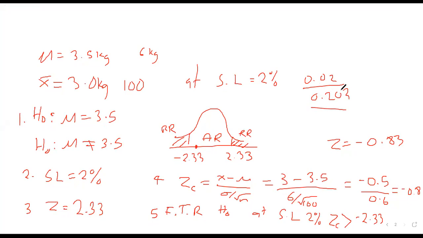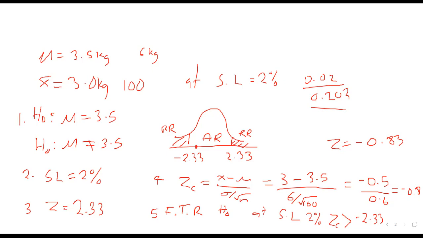Otherwise, if this figure is more, we're going to accept or fail to reject. So the 0.203 is more. This is like 20% and this is 2%. So this amount is more than 0.02. So the decision is still the same. We're going to accept. That is how we use the p-value to make a decision.